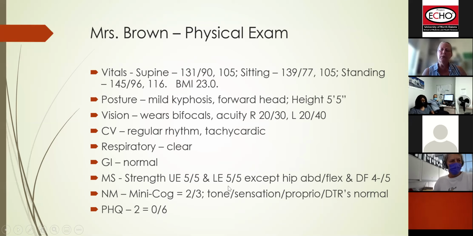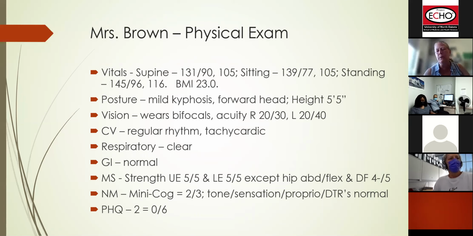We measured her strength, and we found that she had some weakness with her hip abductors and her hip flexors, and a little bit with her dorsiflexors. So we'll keep an eye on that as we go along. We did the Mini-Cog to test her cognition. One of the M's is mentation, and she scored a 2 out of 3 on the Mini-Cog.